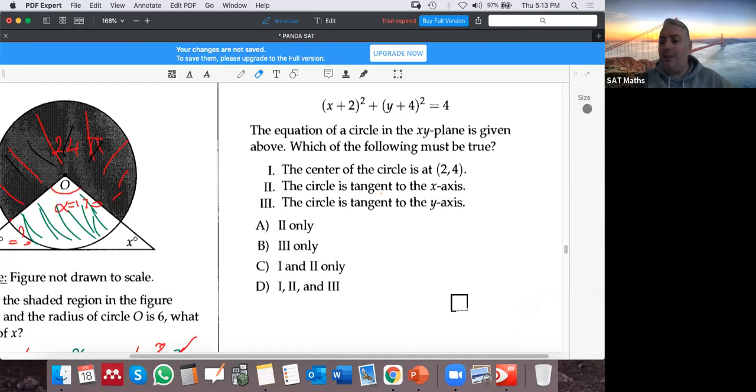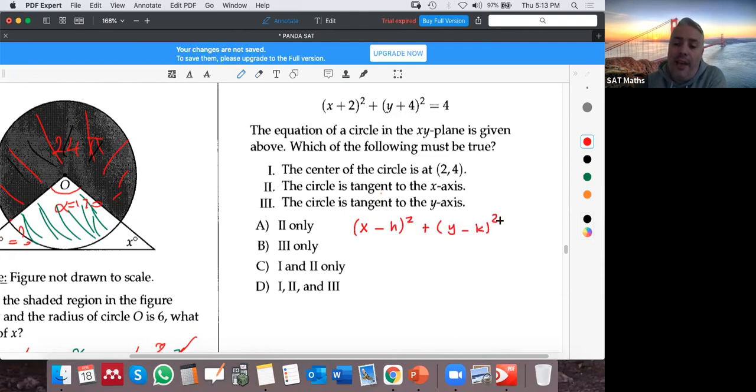Whenever you have this kind of question, it's better to sketch it. But before sketching, you should know that the equation of a circle is written in this form: x minus h squared plus y minus k squared equals r squared, where h comma k is the center and r is the radius.